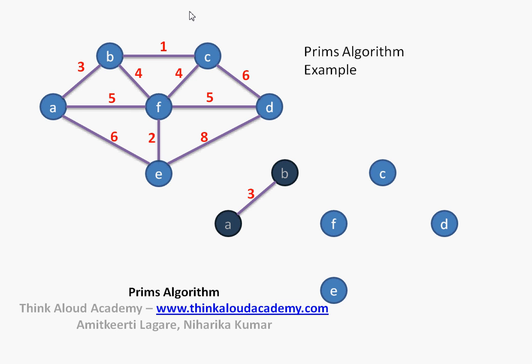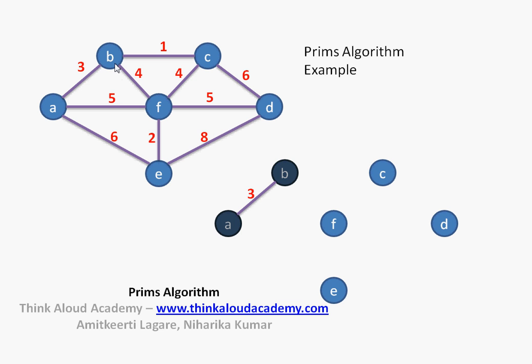So now A to B has been selected, and with A and B as the vertices in my kitty, I need to find out the next shortest edge from both these vertices. If you look at this graph, from A I have already chosen this, so I have only two more left, which is 5 and 6.